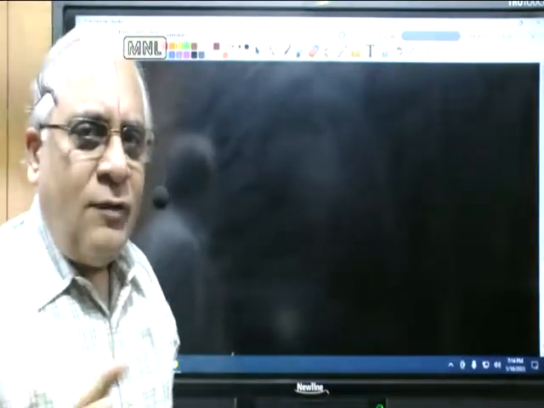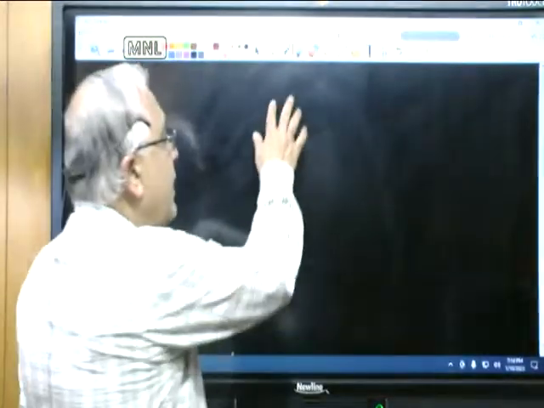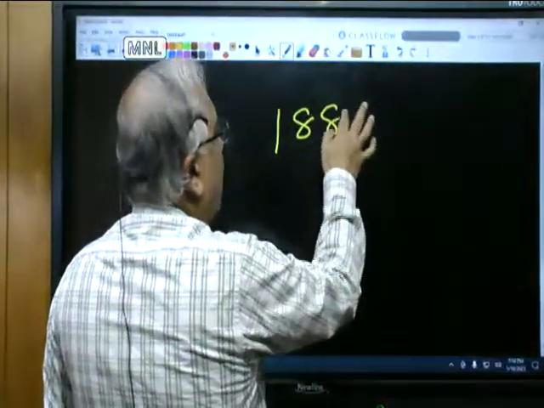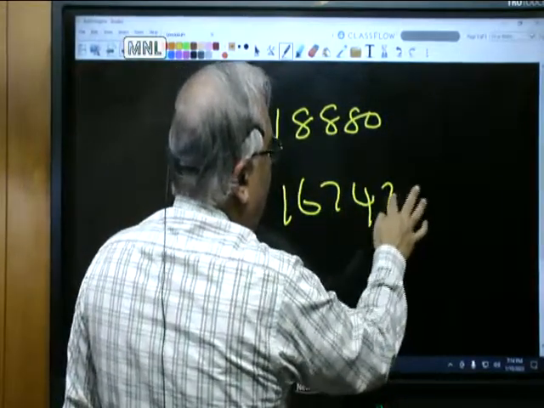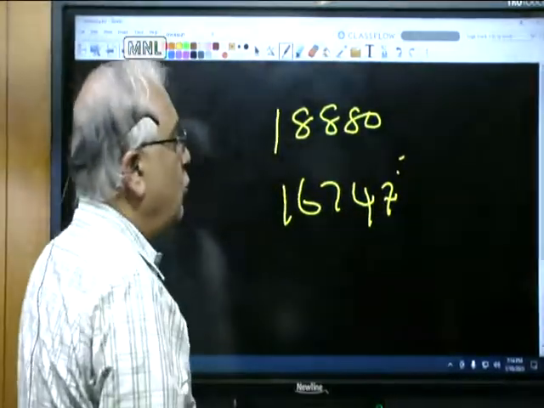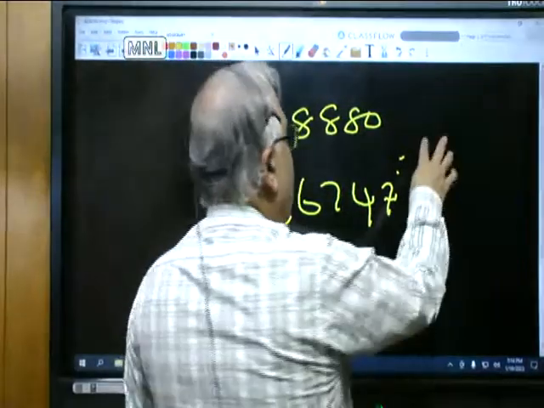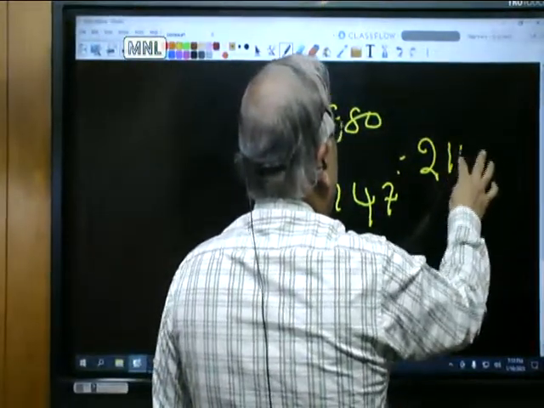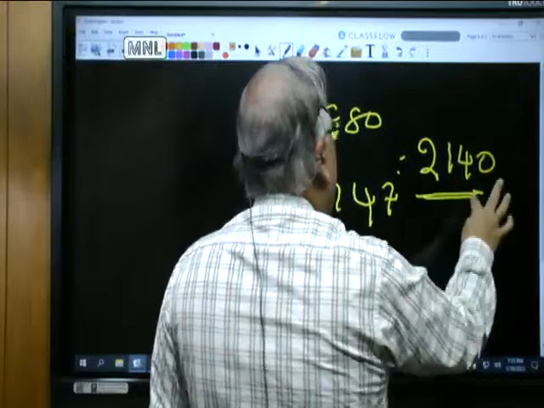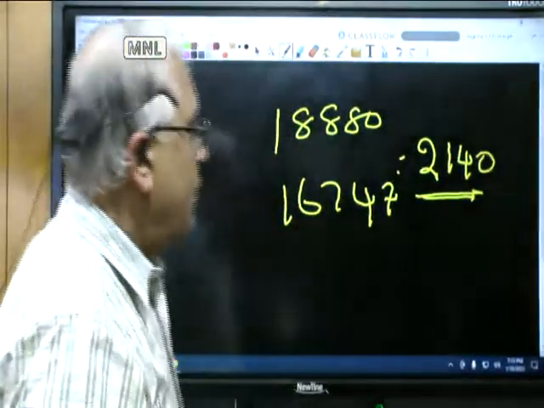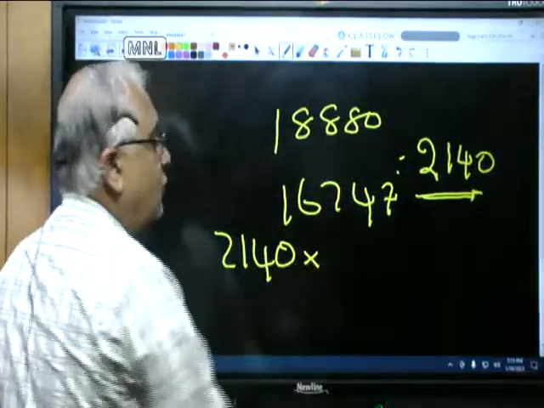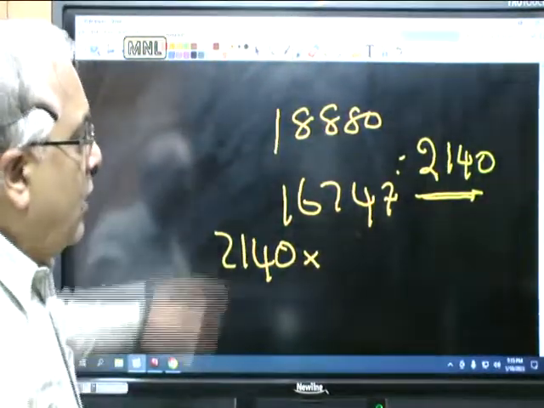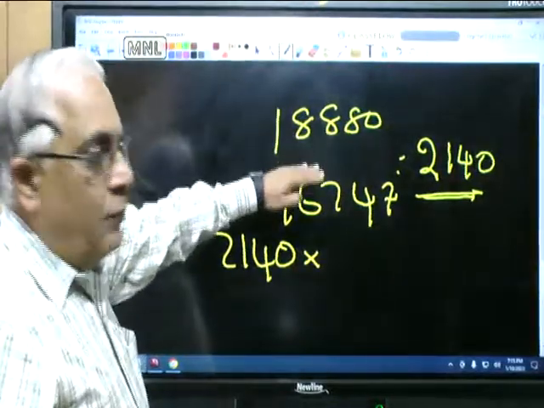Normally, as I told you, it is a 61.8% or 76.5% retracement. That means 18,880, let us say, to 16,747. This is approximately 2,140 points, let us say. For 2,140, let us do a 61.8% retracement of this particular value.